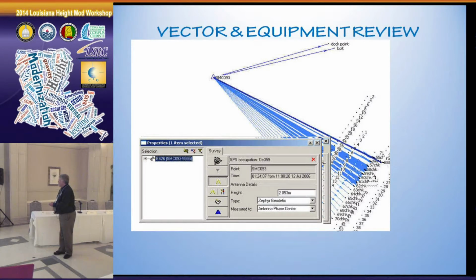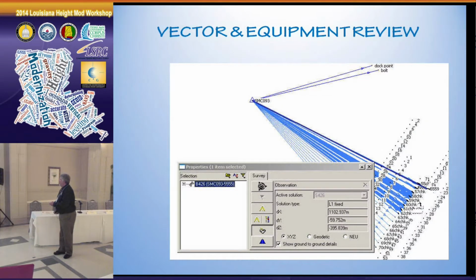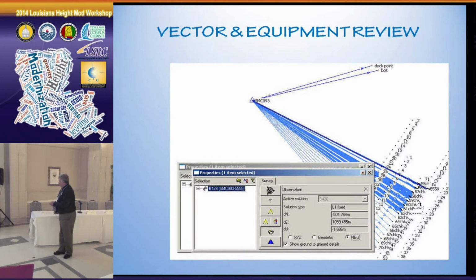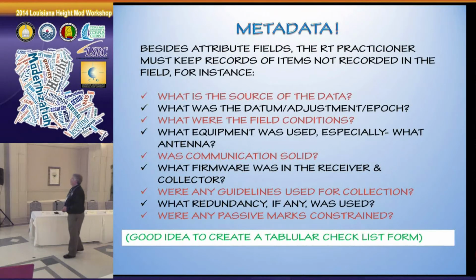The antenna height, the XYZ vector, the north, east, up components, and the azimuth and distance. Metadata is important with real time to keep track of what you're doing. Have a log. You can create a log and give it to your practitioners as they go out.